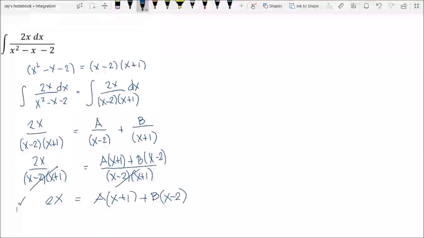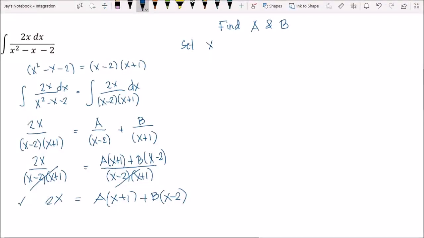Now, since your goal here is to find a and b, you can assign any value of x. So set or assign a value of x, but make sure the value you assign to x is a value which you can easily cancel out, so that the equation is not long.